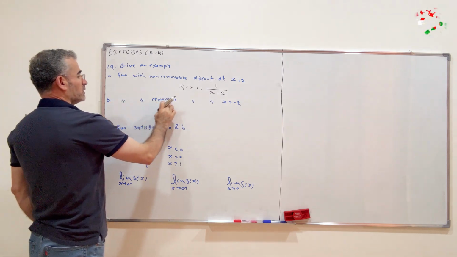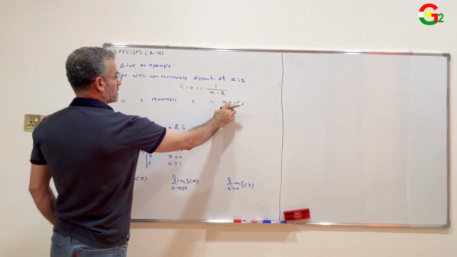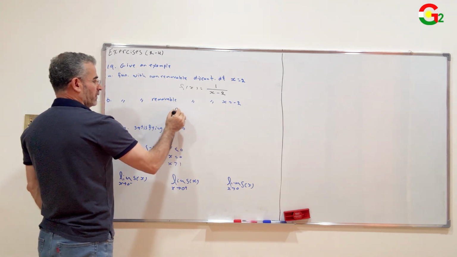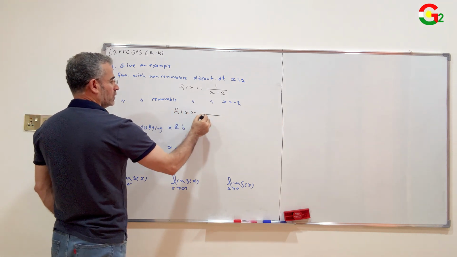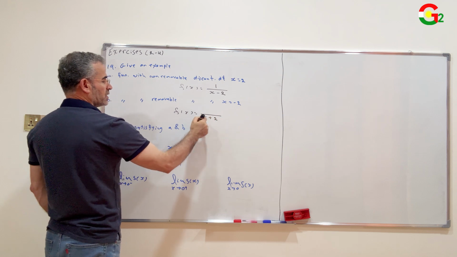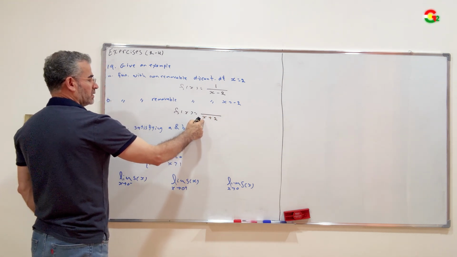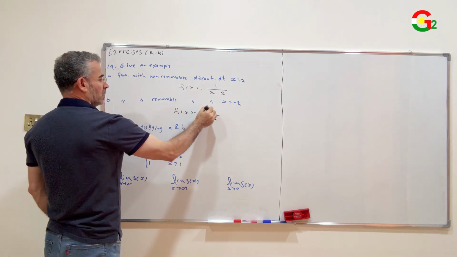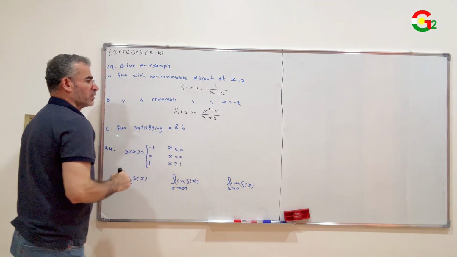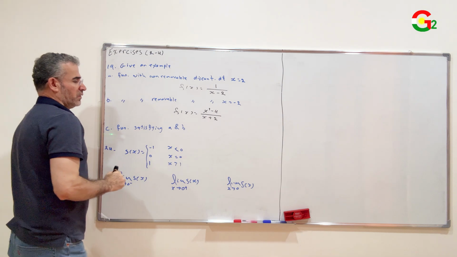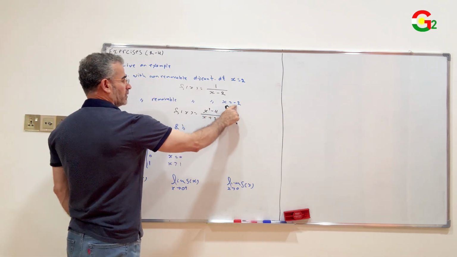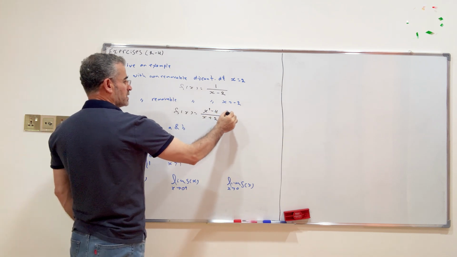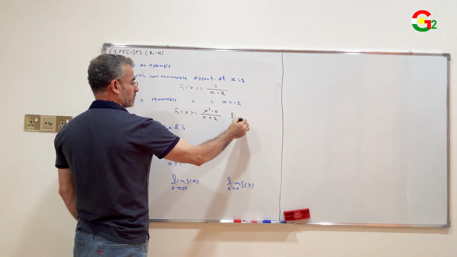Function with removable discontinuity at x equal -2: f of x equals x plus 2 in the denominator, and the numerator x power 2 minus 4. This function has a discontinuous point when x equals -2, but this discontinuity is removable since the limit exists when x approaches -2.